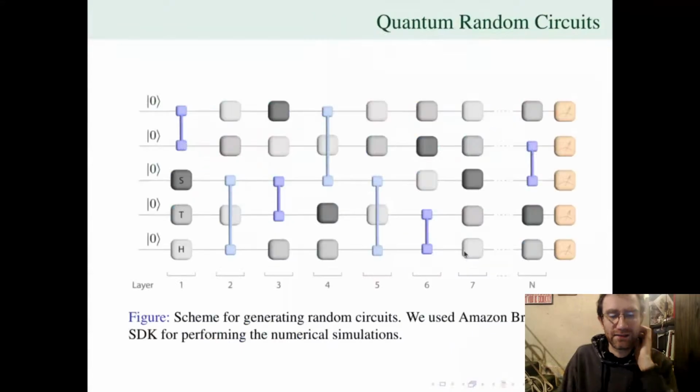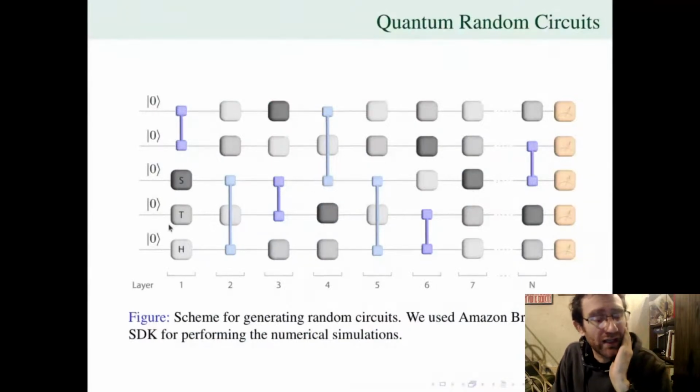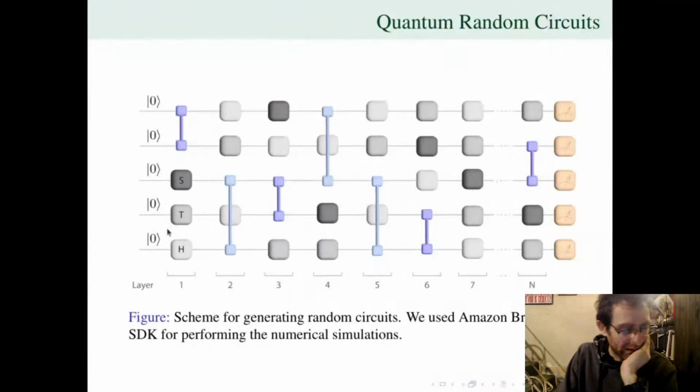The idea is that on each layer of a quantum random circuit, you make a random choice of gates, and this will create random states. And if you do it well, you will have a unitary, or an approximation of a unitary matrix, distributed according to the Haar measure, which is the uniform probability distribution for unitary operators.